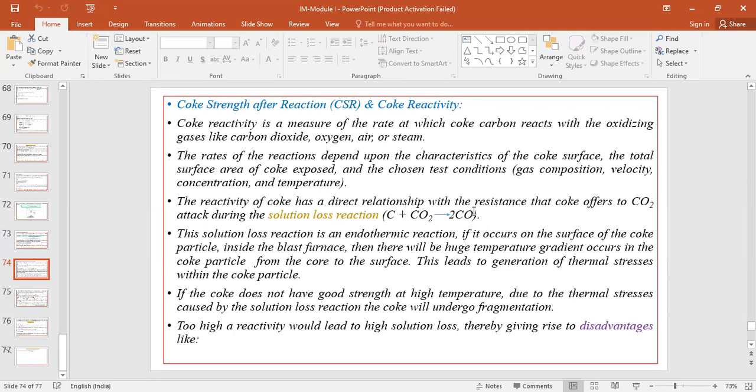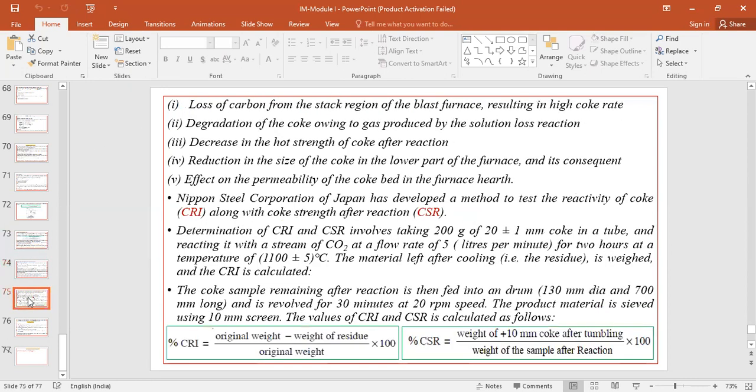So too high a reactivity will lead to high solution loss, thereby giving some disadvantages. That is, there will be loss of carbon from the stack region of the blast furnace, resulting in a high coke rate. There could be degradation of coke owing to the gas produced in the solution loss reaction.